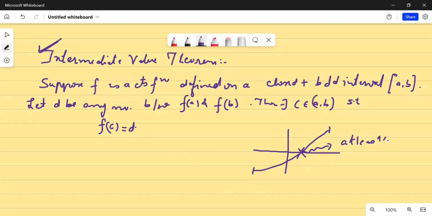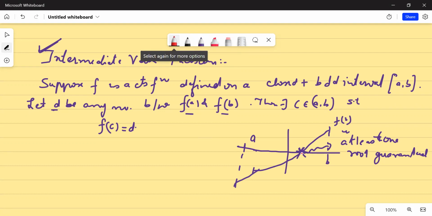For example, if your function is defined from a to b, negative at a and positive at b, then since d is any number between f(a) and f(b), there would be some point in between where your function is zero.